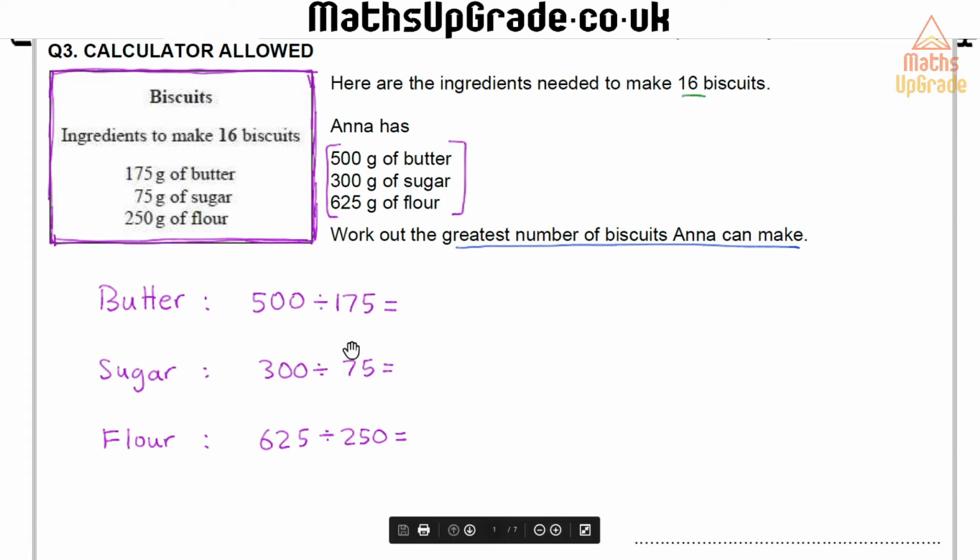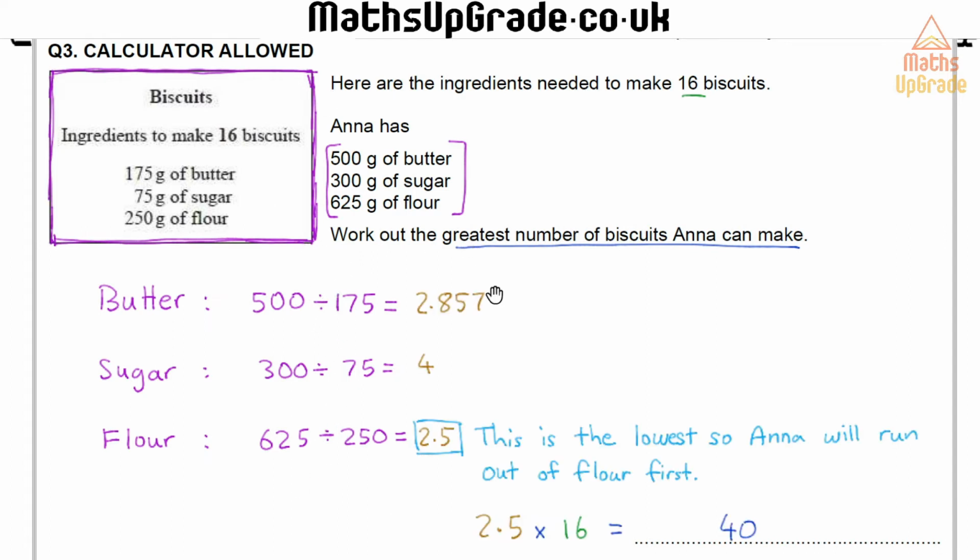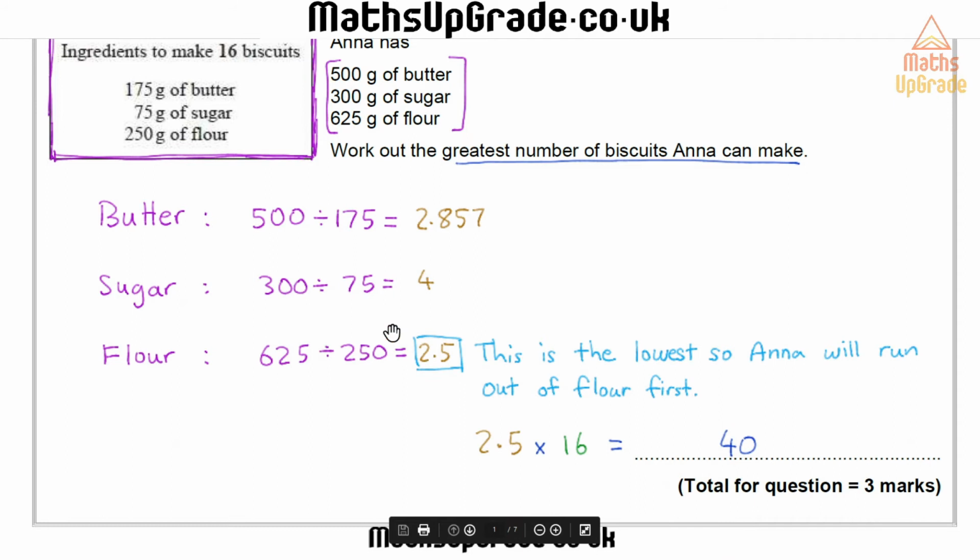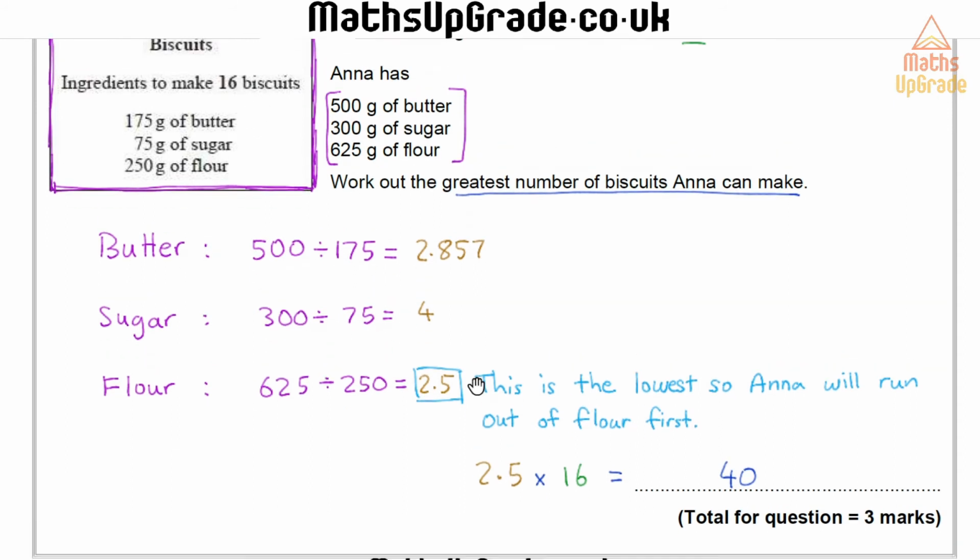So we can do these calculations here. That gives us 2.857, 4 and 2.5. So Anna's going to run out of flour first. She's got enough flour to make 2.5 lots of 16 biscuits. So 2.5 times 16 is 40 biscuits in total.